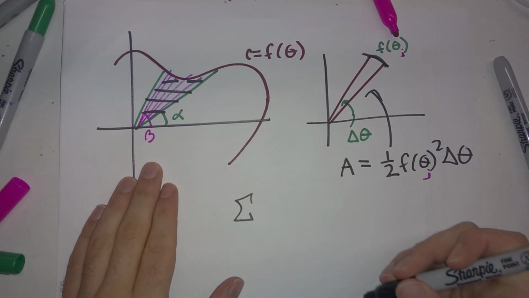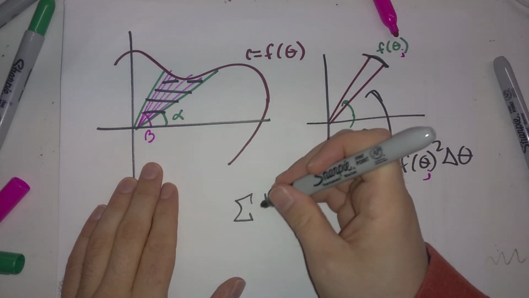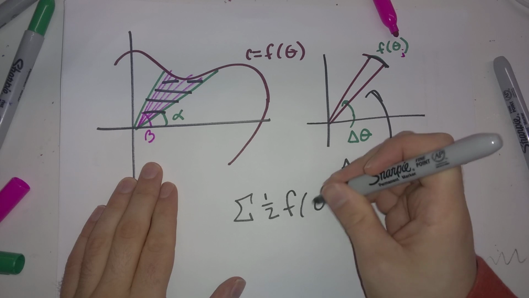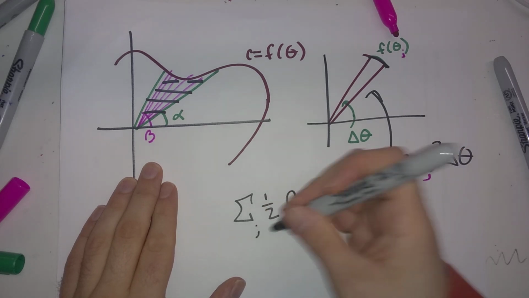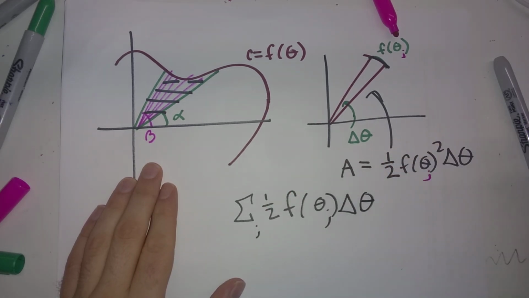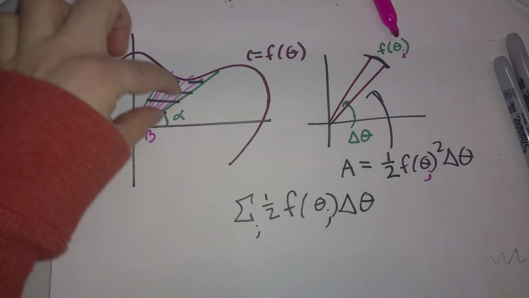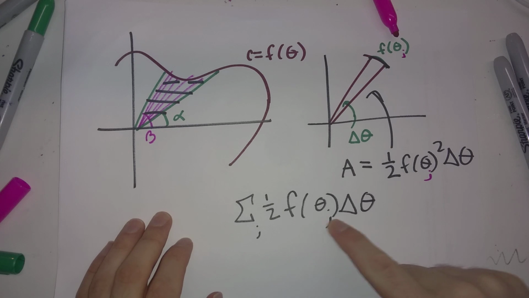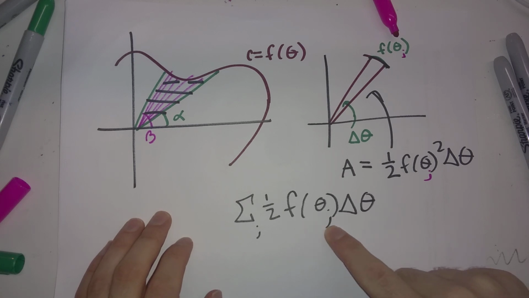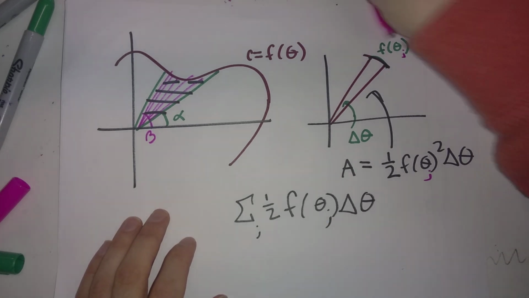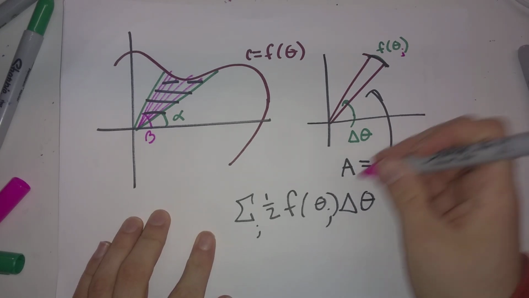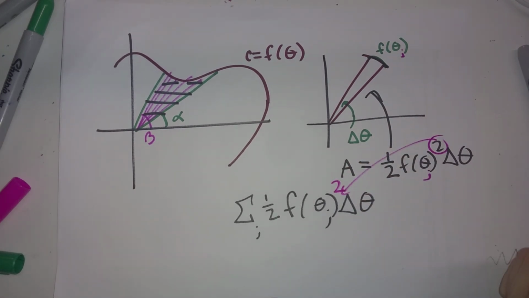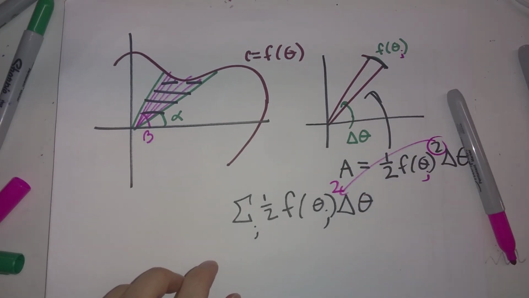We are going to add up over all j all of the areas of all of those little wedges, and we end up with the sum over j of 1/2 f of, oops, what did I forget? I didn't copy down that square. f of theta j squared, delta theta.